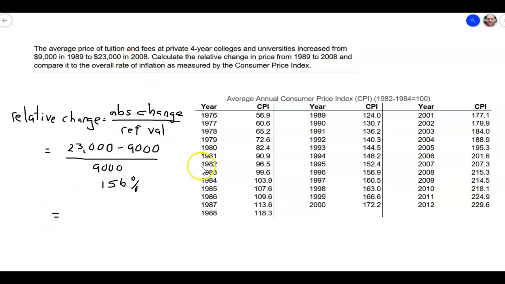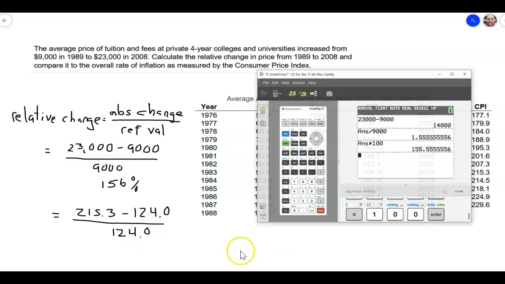So in 2008, the CPI was 215.3, so 215.3 minus the CPI from 1989. 1989 would be 124.0, divided by the reference value, which is 124.0.